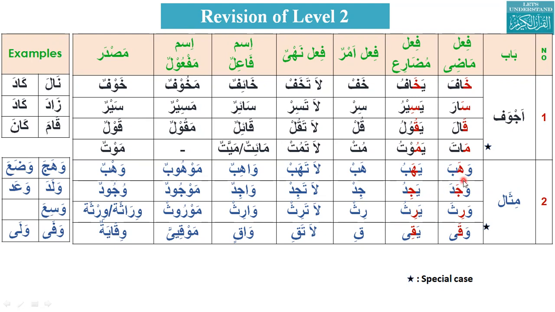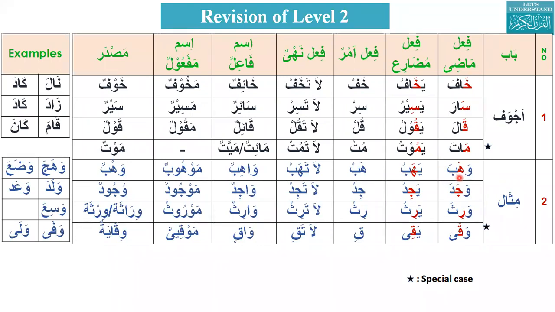Wahaba means he granted. Can you please do the Madi for Wahaba with translation? Wahaba, he granted. Wahabu, they granted. Wahabta, you granted. Wahabtum, you all granted. Wahabtu, I granted. Wahabna, we granted. So Wahabna means we granted, and if it is Wahabana, he granted us.